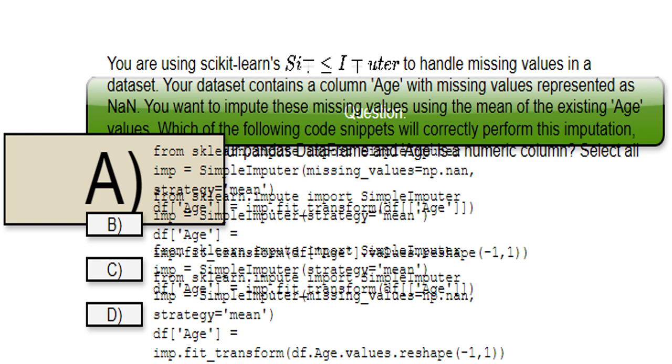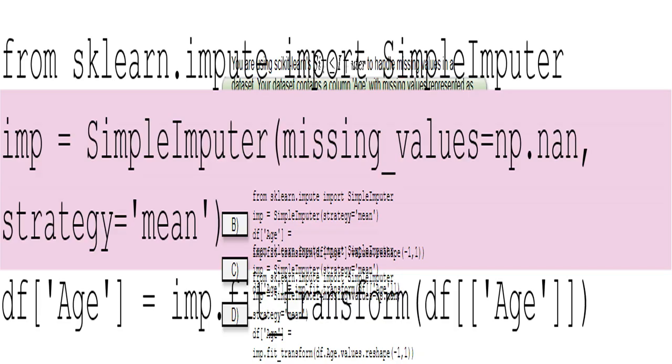The -1 means figure out the number of rows automatically, and 1 sets the number of columns to 1, ensuring a 2D array. This is similar to line 4, it is the second line of code in option B.